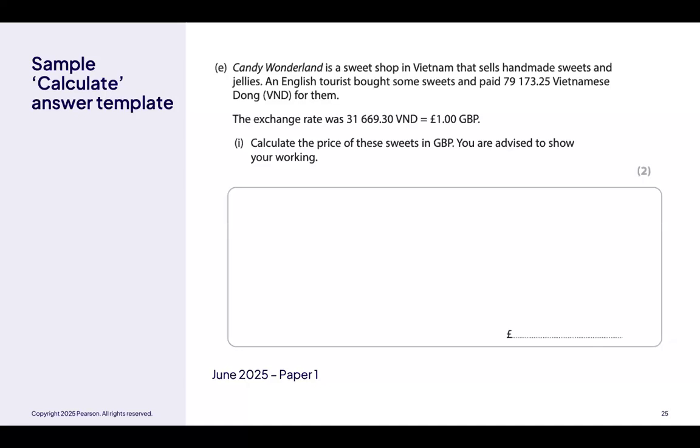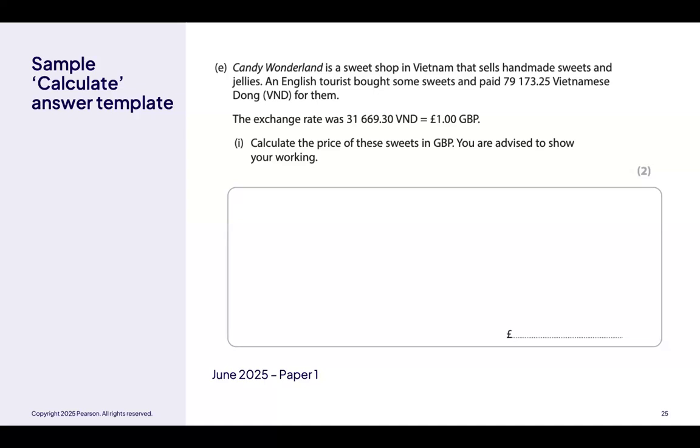When I say a standard template, there it is in front of you. In the box, there's the answer line. Students don't need to worry about putting the unit of currency or the percentage sign. That will be provided, but the student answer needs to be on that line.